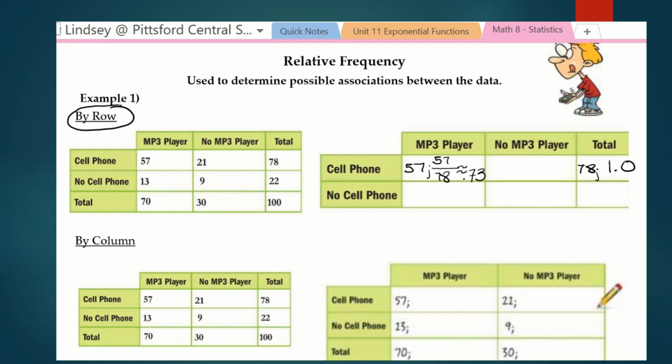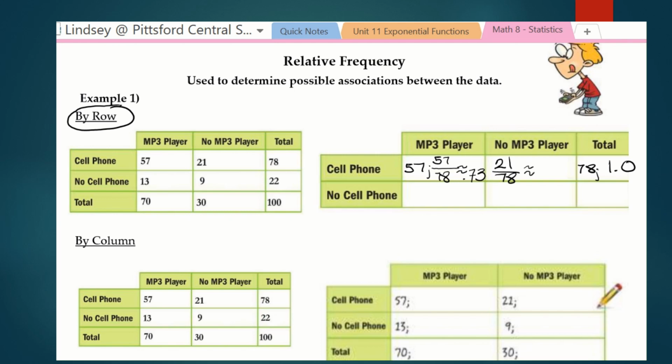So what decimal, what percent of kids own a cell phone and no MP3 player compared to all the kids that own a cell phone? We're going to take 21, which is 21 kids that own a cell phone but don't own an MP3 player. We're going to divide it by the total number of kids that own a cell phone.